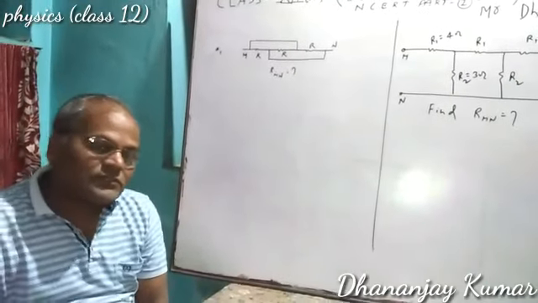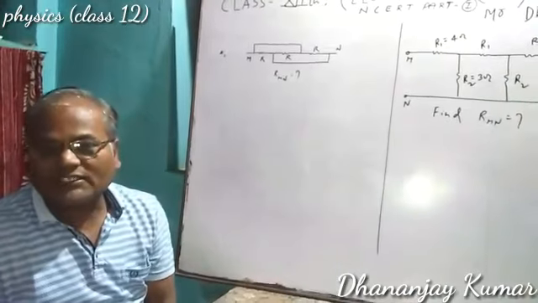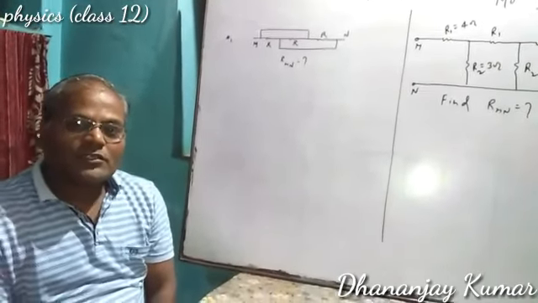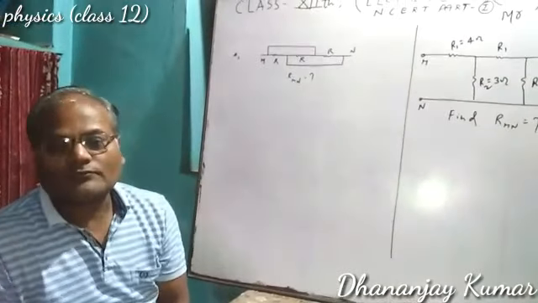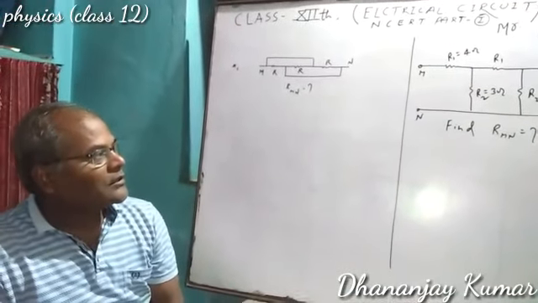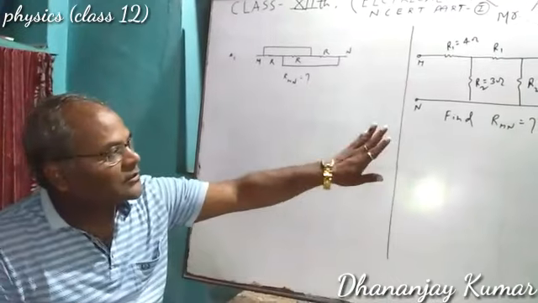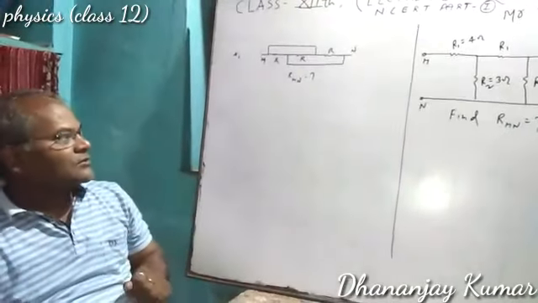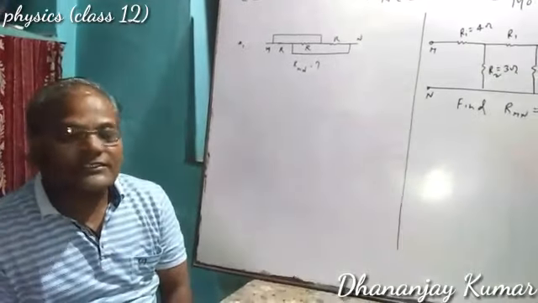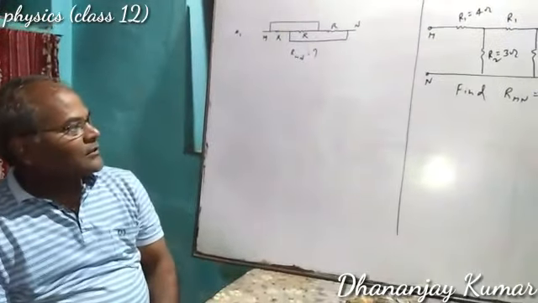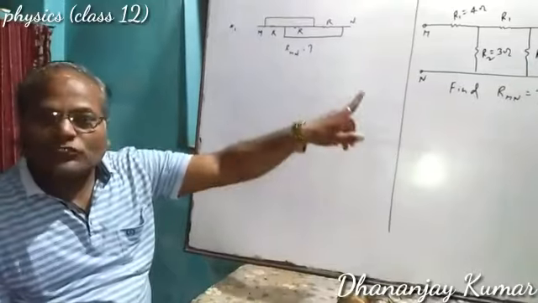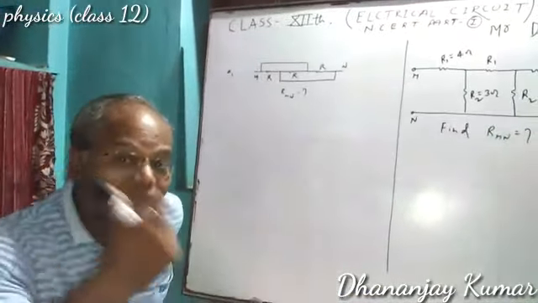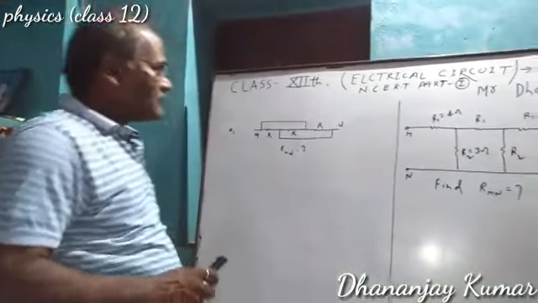In the previous class, we know that in series connection, the equivalent resistance will be equal to their algebraic sum, and already we saw in parallel connection what the value of equivalent resistance would be. In these two given electrical circuits, we have to get the value of equivalent resistance.